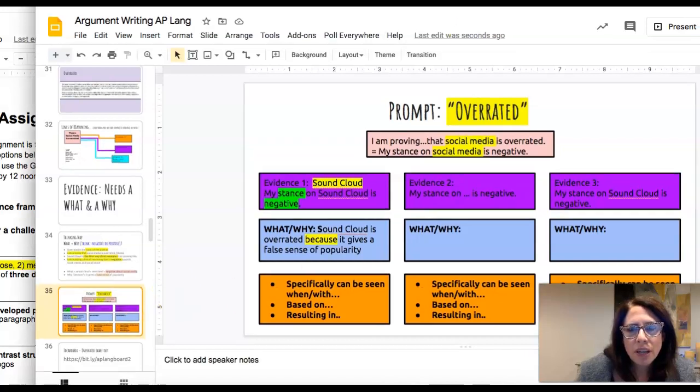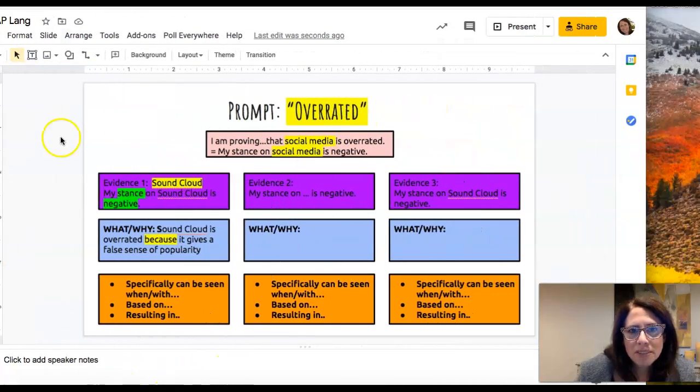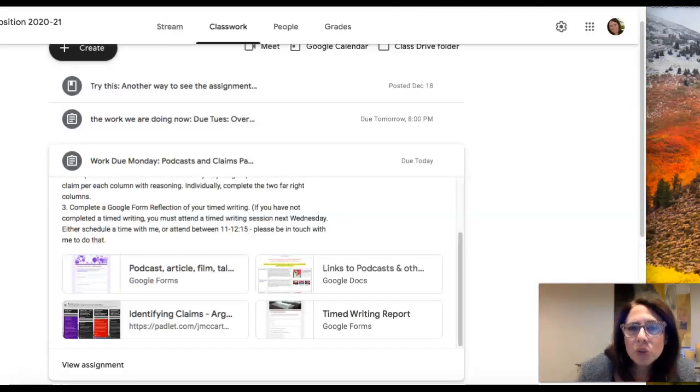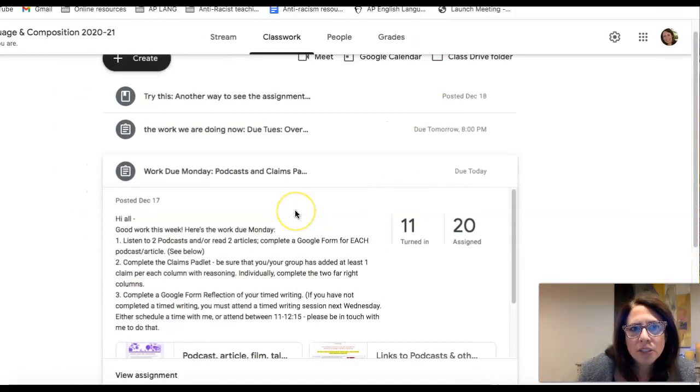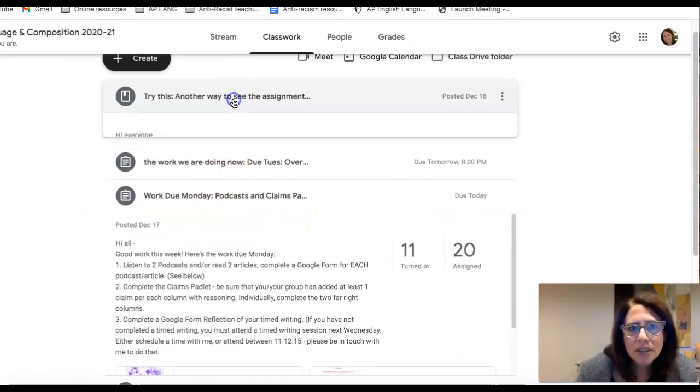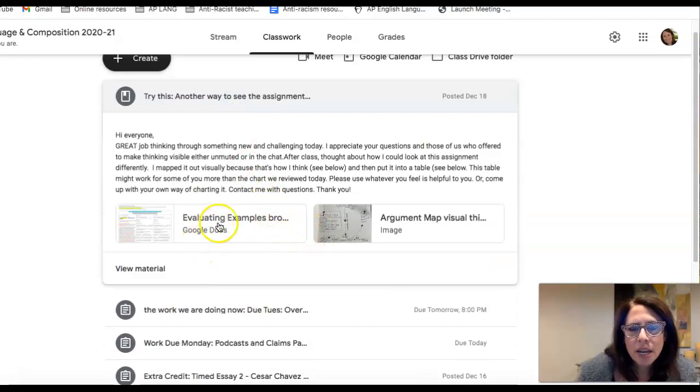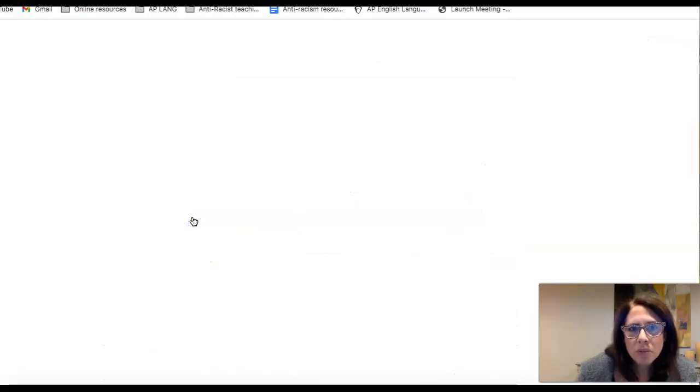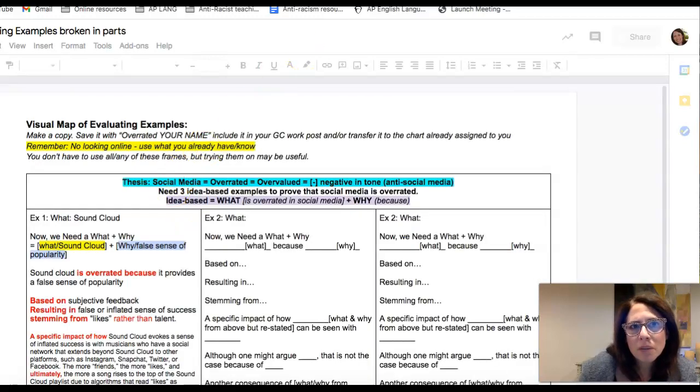So here's just another basic map of what you're doing. Okay, very important for you to go back to Google Classroom at the point at which you're ready to do this assignment, because after class on Friday, I did some of my own brainstorming and thought of another way you could think through this process of coming up with evidence.